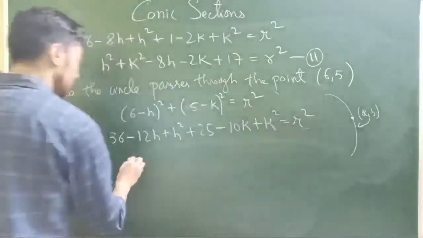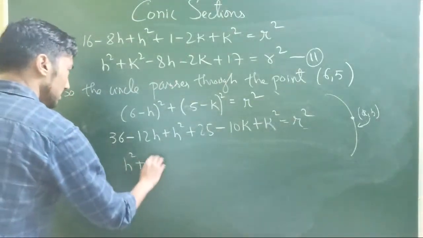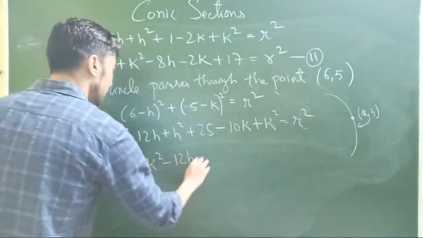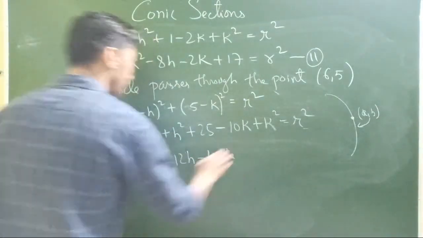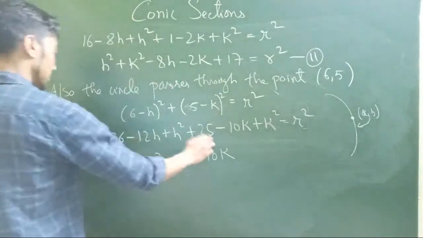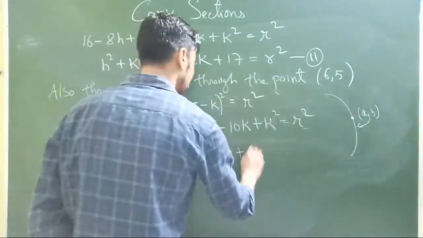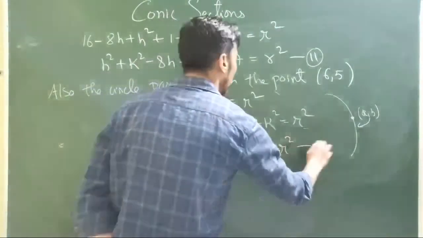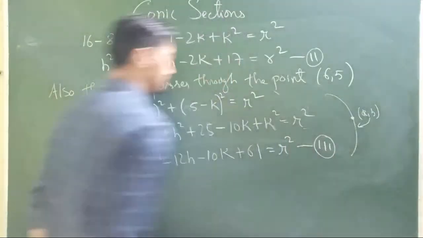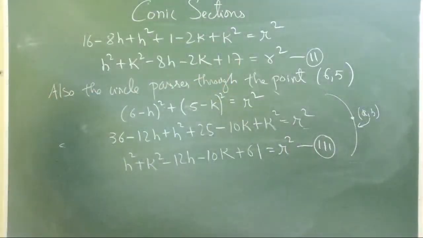So that's going to be h square plus k square minus 12h minus 10k, 36 plus 25, that's 61, is equal to r square. I think that's going to be our equation 3.